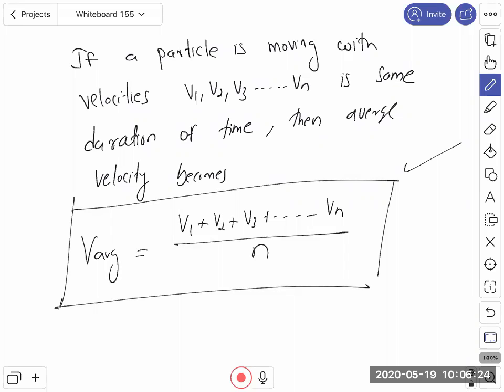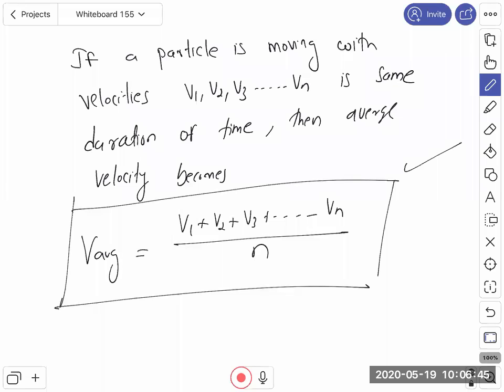So these are the different possible situations they may ask related to this velocity, average velocity. हो गया, लिख दिया?